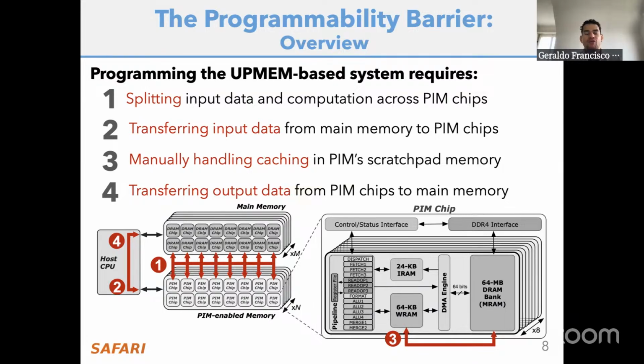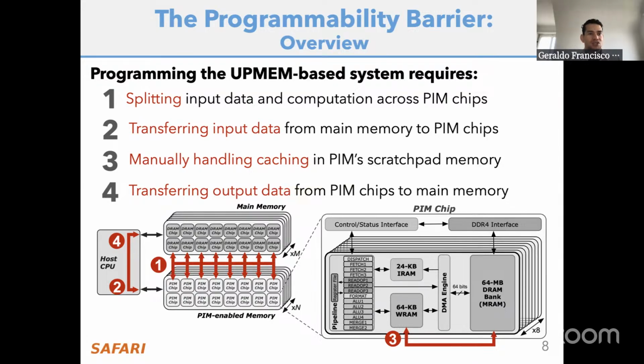So hopefully the total data movement, the sum of the input data, the output data, and the intermediate data produced, is going to be less than doing the entire computation in the CPU core.